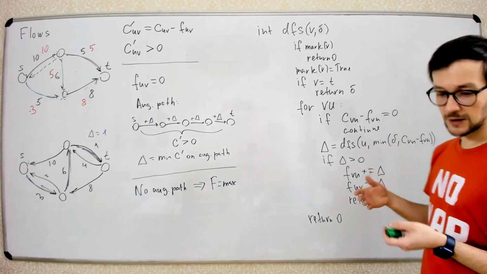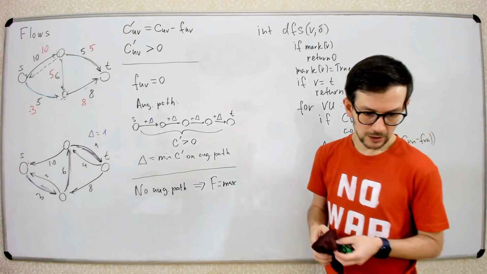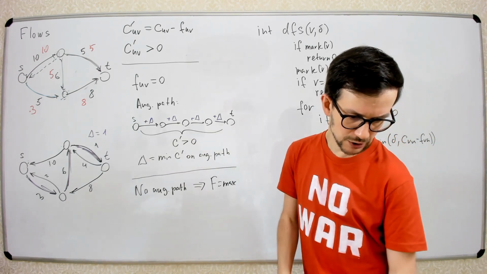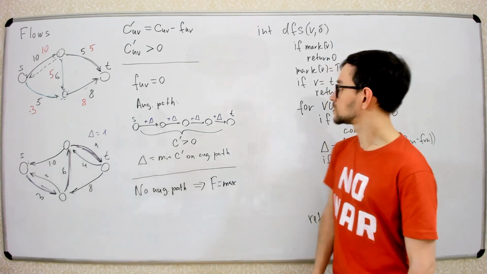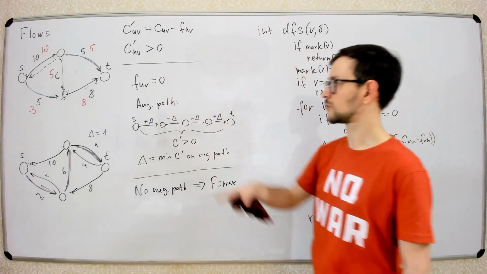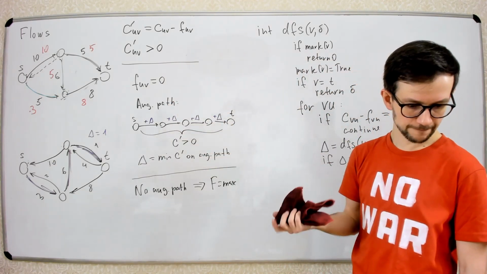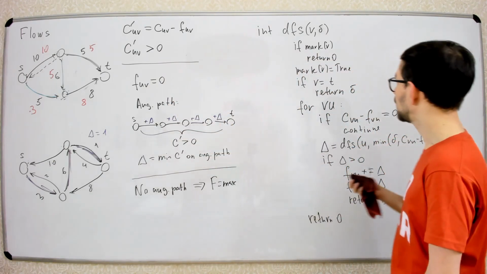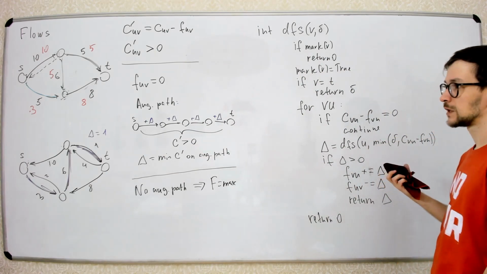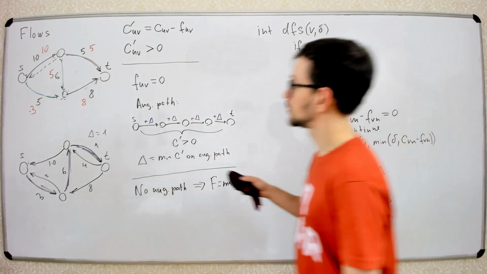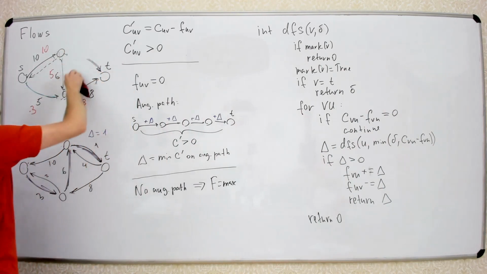But unfortunately, life is... No, we start from the 0 flow for all edges, for both main edges and reverse edges. Okay. So life is a little bit more complicated, unfortunately. So let's look at the following graph.